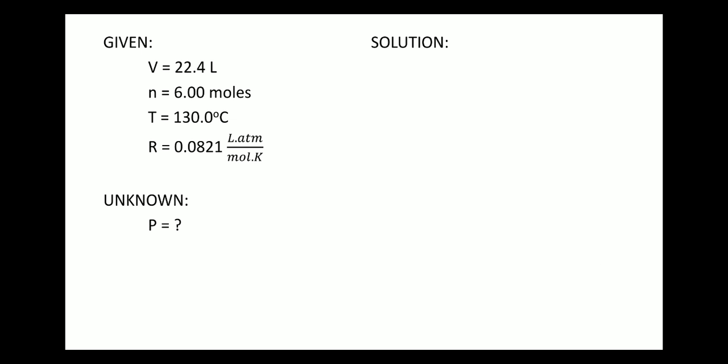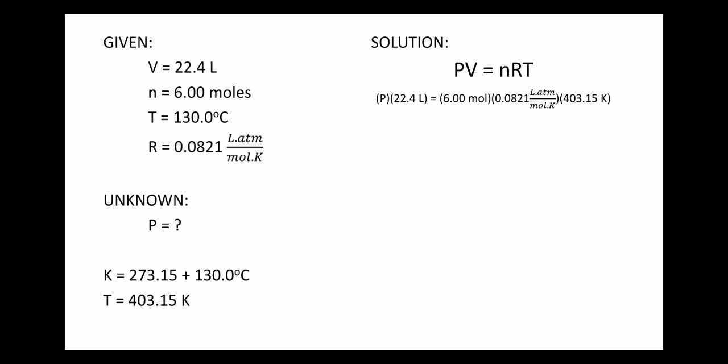The unknown is the pressure. Before we write the formula, let us first convert Celsius to Kelvin: 273.15 plus 130 is 403.15. Then let's substitute the values: P times 22.4 is equal to 6 moles times 0.0821 liter atm per mole Kelvin times 403.15 Kelvin.